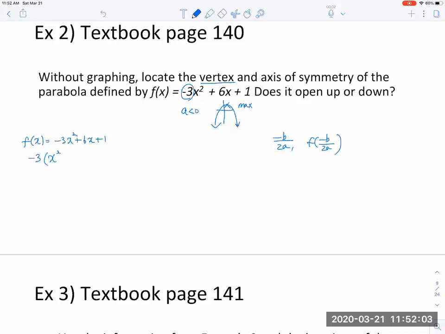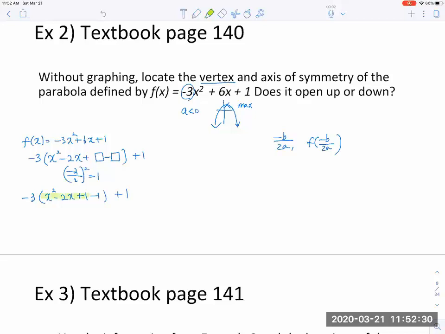Be careful, since I factor out -3, the inside is going to be changed to -2x. You're going to find half of the number, squared, plus 1. Half of 2 is 1, and squared it is 1. You're going to add 1 and subtract 1. That's what they mean. So -3, 2x plus 1, -1 plus 1.